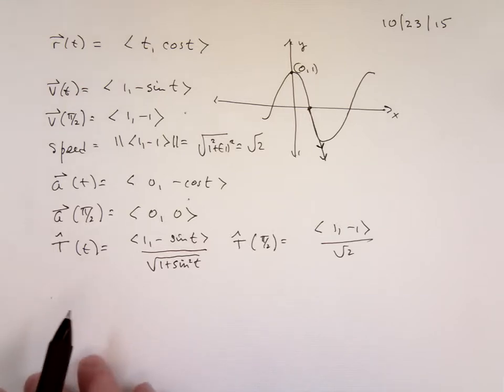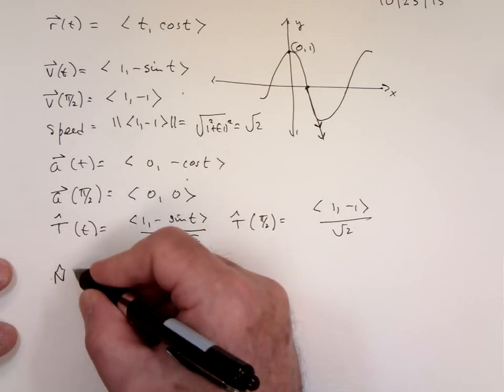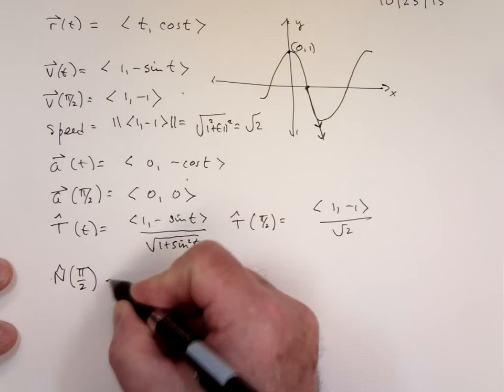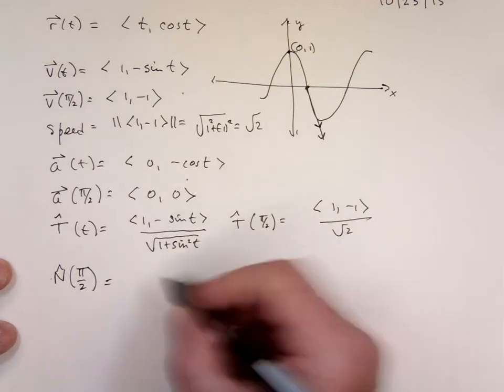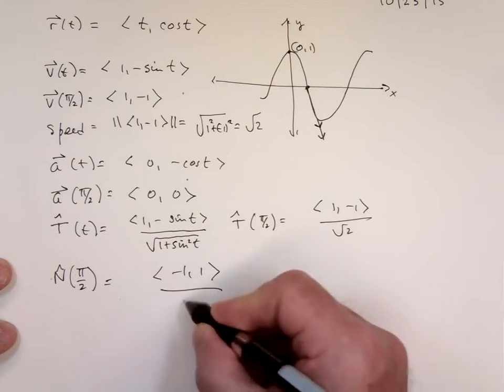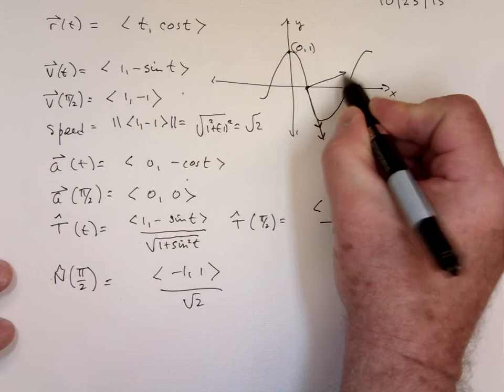Then, principal unit normal vector. At pi over 2, what we're going to do is take the tangent vector, swap these two, and take the opposite of one of them. Well, you do have a choice. You could go this way.